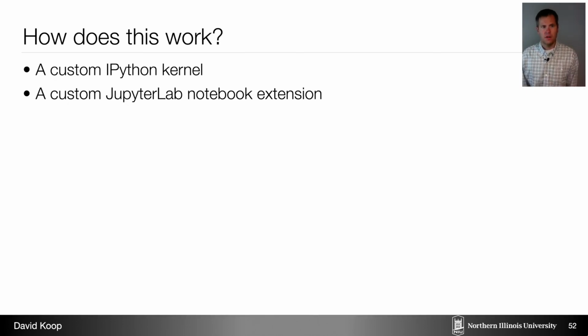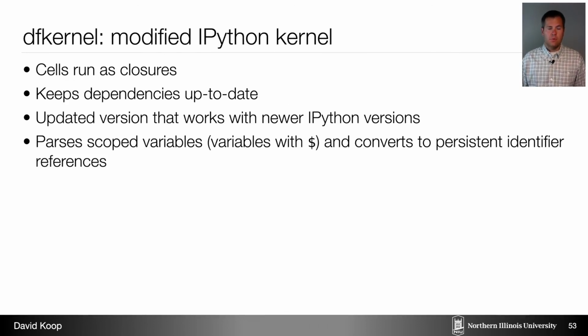So how does this work? Well, it's a custom IPython kernel and then a custom JupyterLab notebook extension. Some of the previous work worked with Jupyter Notebook and a custom kernel for that. This takes it a step further to work with JupyterLab, which is the path forward for Jupyter. So df kernel is a modified IPython kernel.